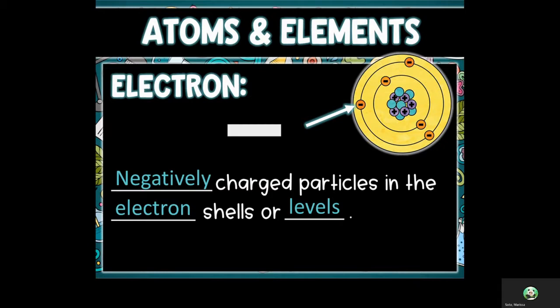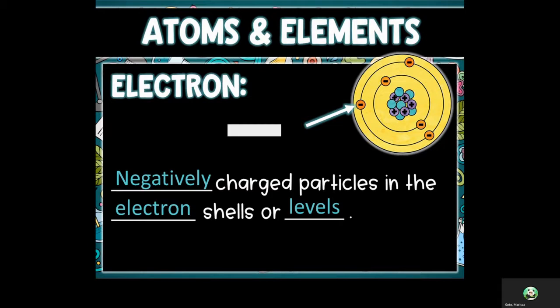Now, electrons are a funny thing. Right there in that picture, that's why I said it's not exactly what an atom looks like. It's a very simple representation, but you have to remember the mass of an electron is 1/1850th of a proton.